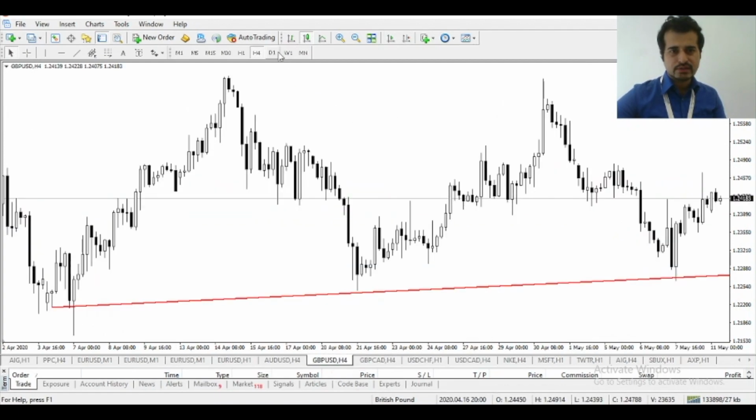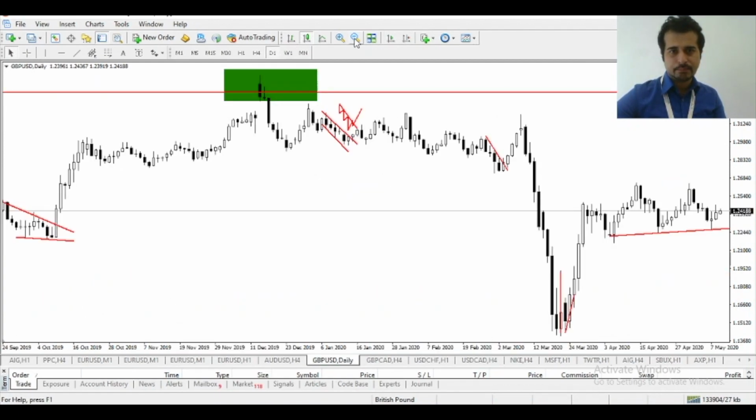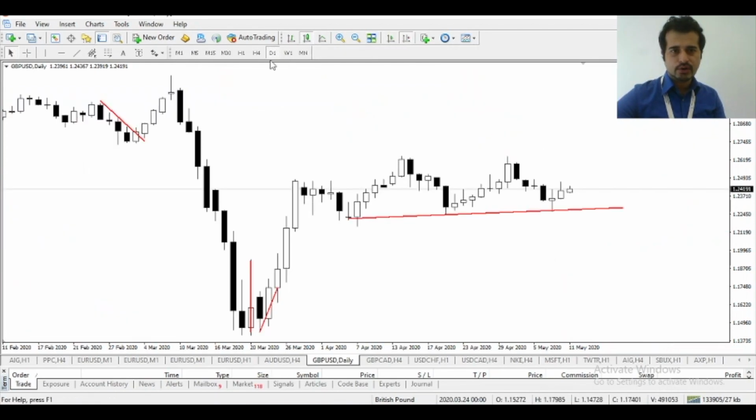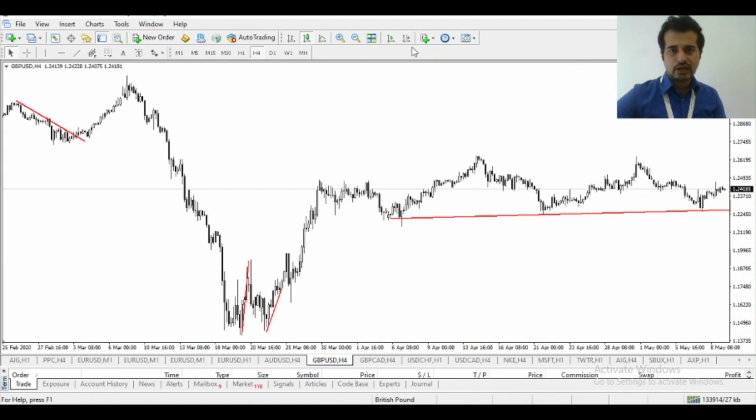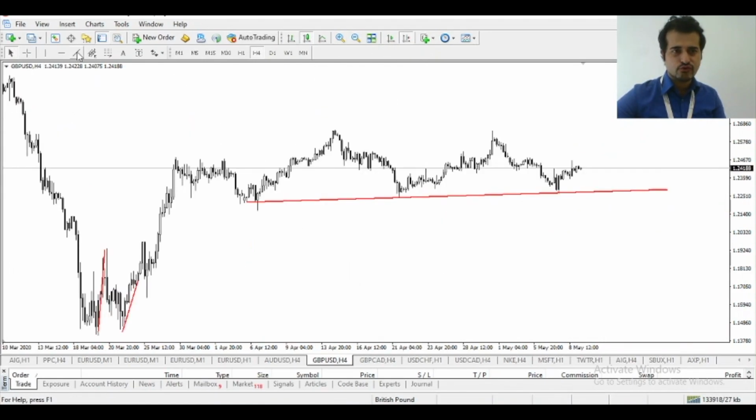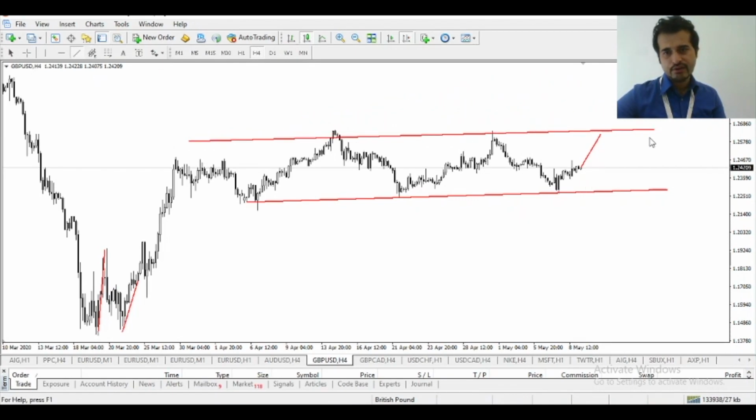Now for GBP USD, I see that the pair has found a support on an H4 time frame. So I see that it has room to go a bit more up until it completes the structure here. Right, so for GBP USD it seems bullish, temporarily.